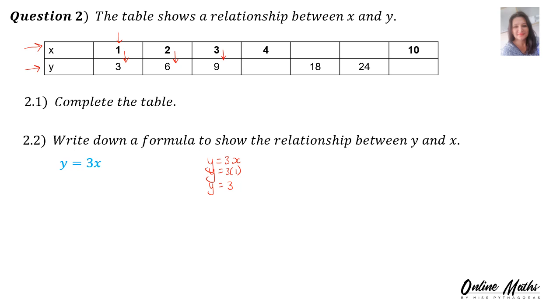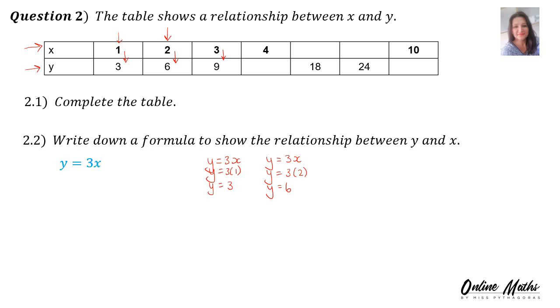Let's do that for input value 2. The formula y is equal to 3 times x. Y is equal to, and in x's place, we substitute the given x value, which was 2, and we end with y is 3 times 2 is 6. You know what? This formula is 100% correct.